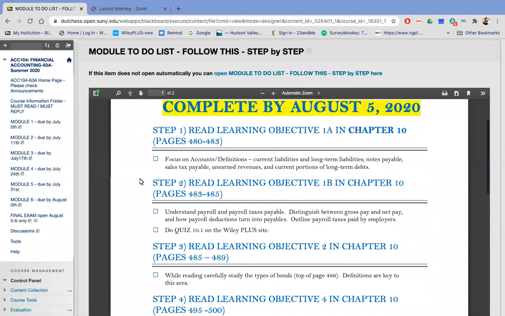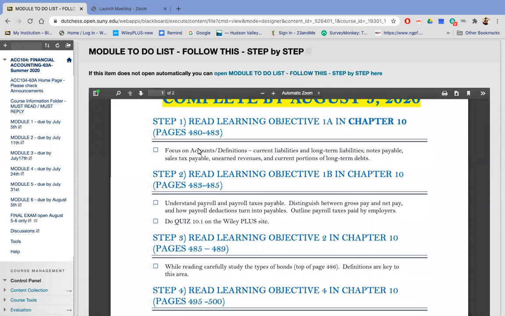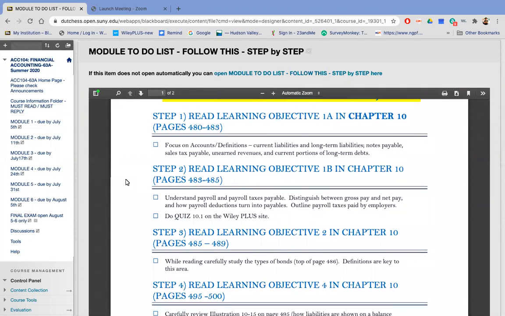So chapter 10 starts with basically a focus on current liabilities, things that we haven't covered already. There are some things that you already know about, like accounts payable and notes payable. But here we're looking at other liabilities that are extremely important because corporations are the best tax collectors the government has.